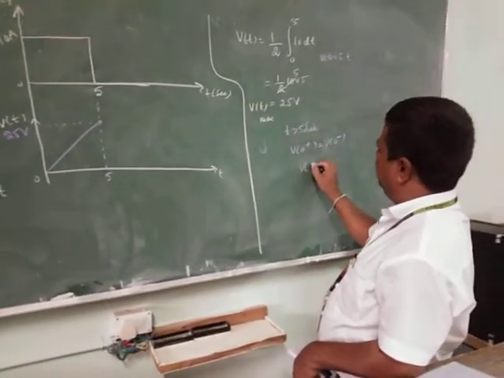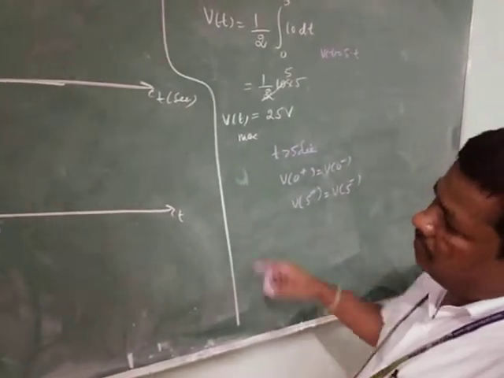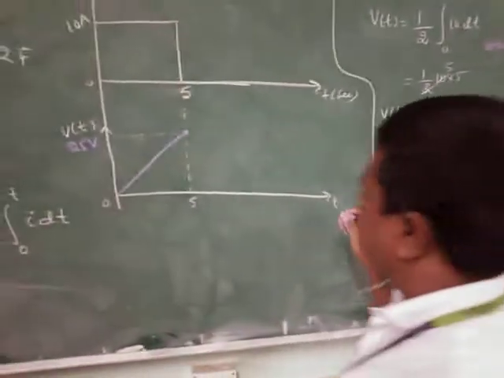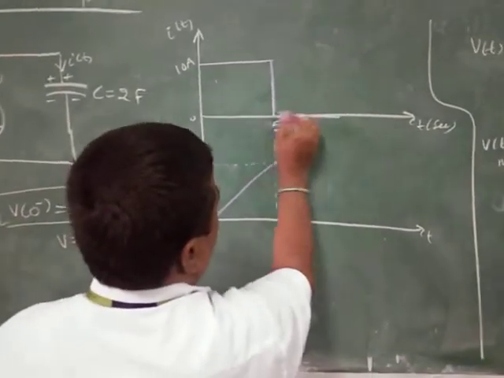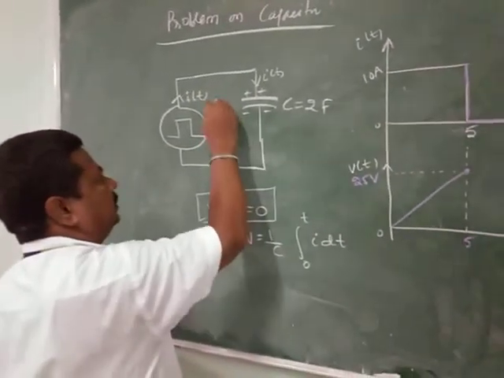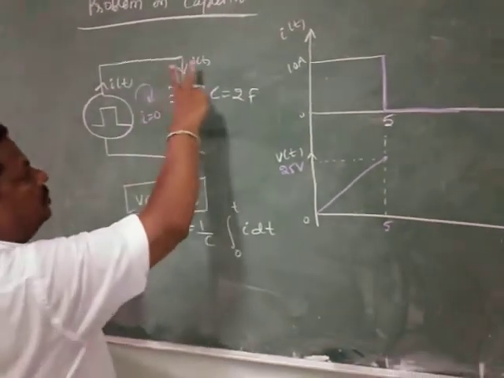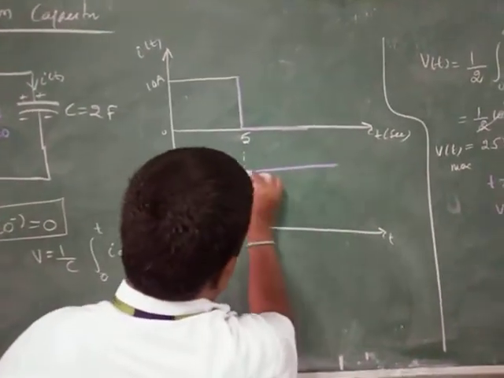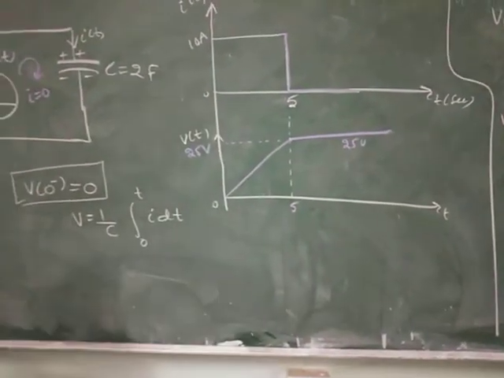Similarly here, v of 5 plus is equal to v of 5 minus. Whatever the previous voltage, it will maintain as it is, because the input current signal at 5 comes down to 0 amperes. After 5 seconds, current is equal to 0. Even though current is 0, there exists a voltage. That voltage is 25 volts constant. It maintains a constant 25 volts even after t greater than 5 seconds.